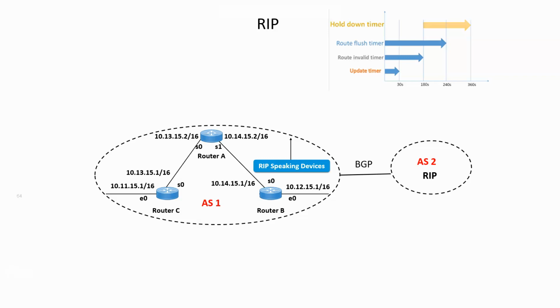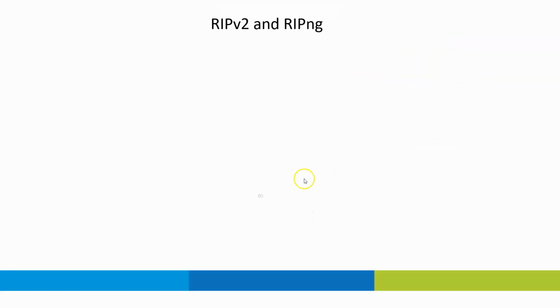BGP, IANA assigns autonomous systems. They're going to be related with the big ISPs of the world. And then EIGRP, we're going to assign our own autonomous system to them. And in the EIGRP autonomous systems, only the devices that are in the same autonomous system are going to talk to each other when we use those.